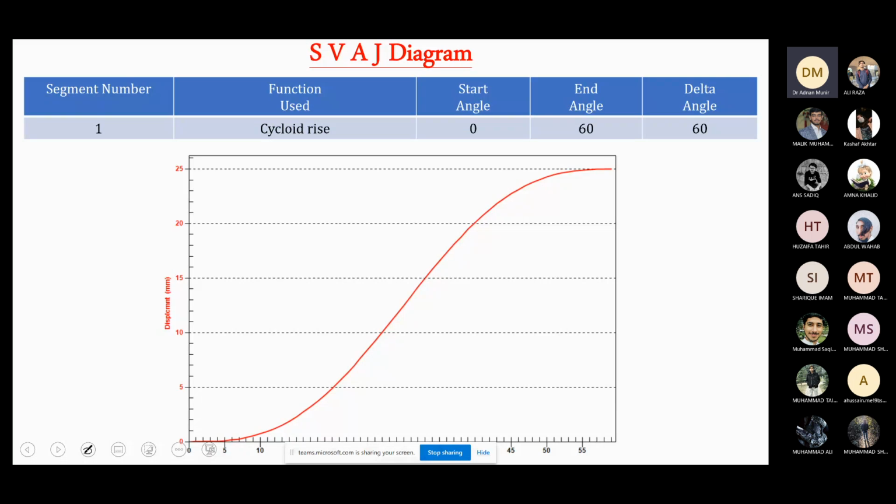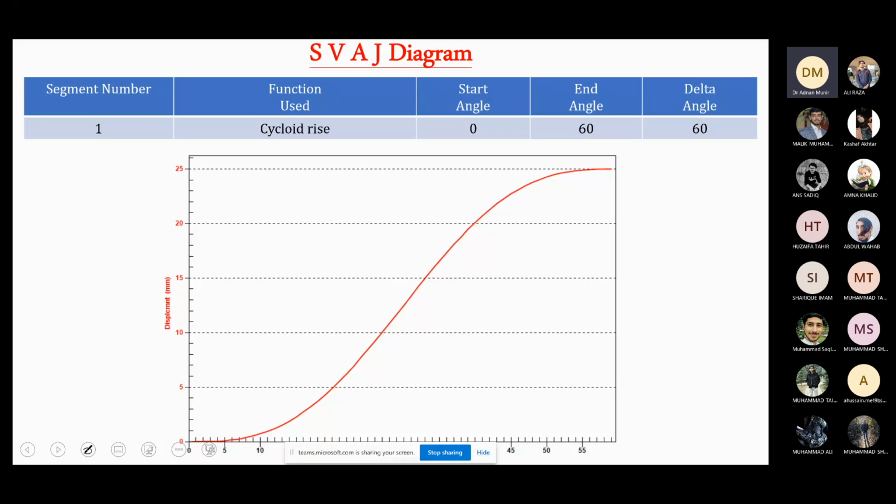Cycloid is a mathematical function used to define the motion. We'll be discussing these mathematical functions later on. For now, just remember that cycloid is a non-linear function, and cycloid rise means that from 0 to 60 degrees, the displacement of the follower is increasing.